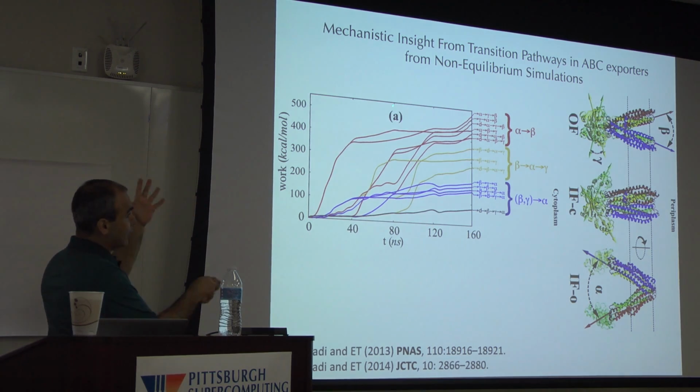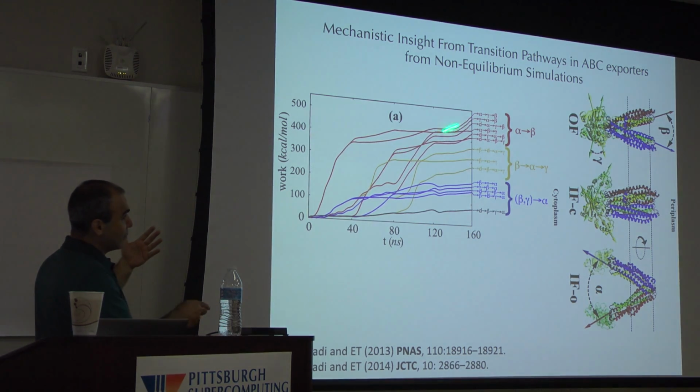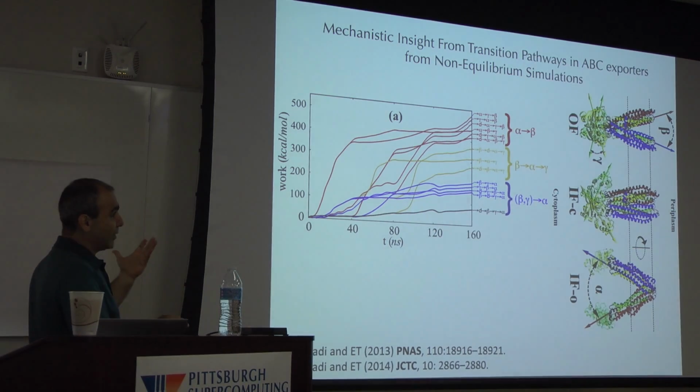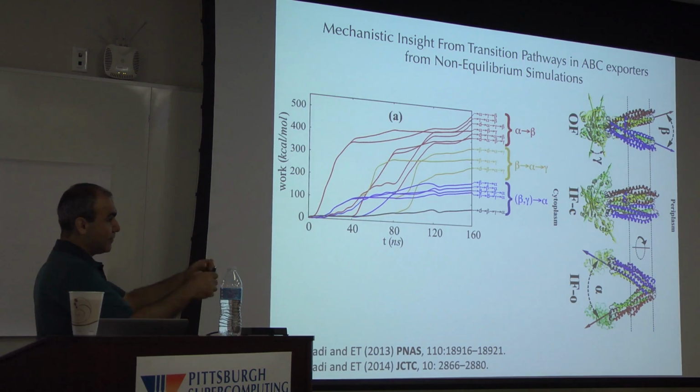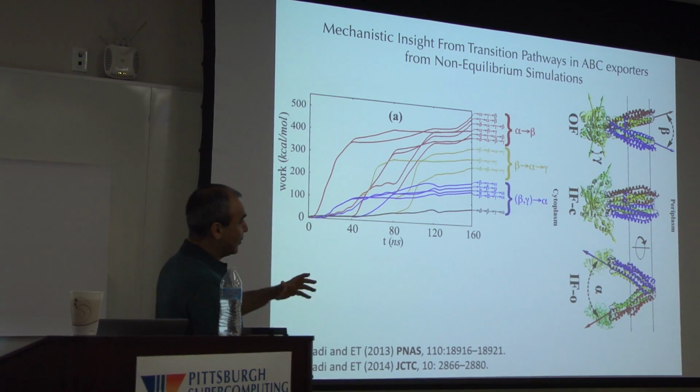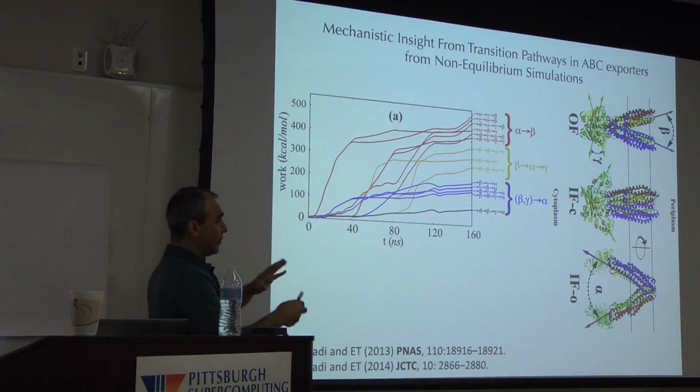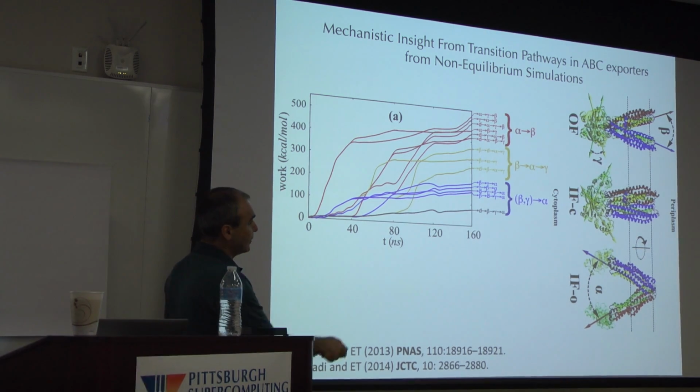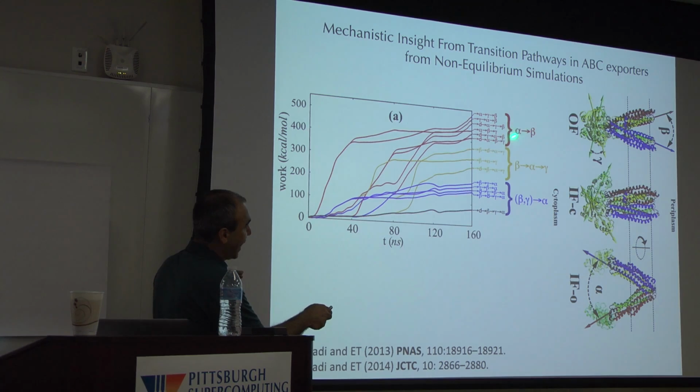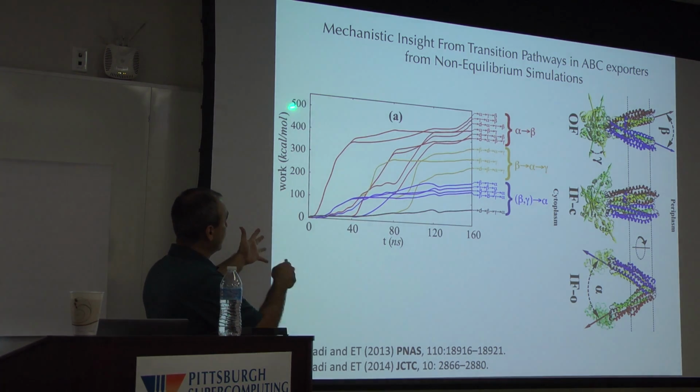So anyway, we do run a lot of simulations, so we start actually seeing even mechanisms coming out of these. Alpha, beta, gamma are the different angles, orientations that we are using as collective variables for our biasing simulations. You can see beta is opening, closing of this end. Alpha is opening, closing of this end. For example, every time we change alpha before beta, the protein doesn't like it. It takes too much work.